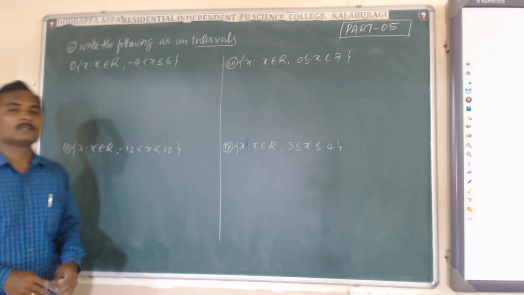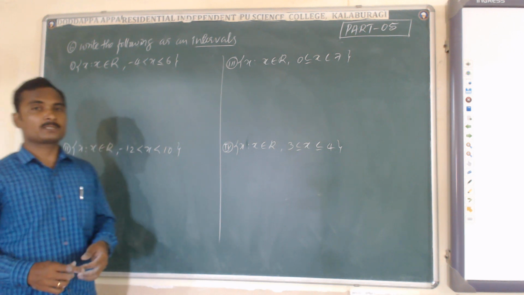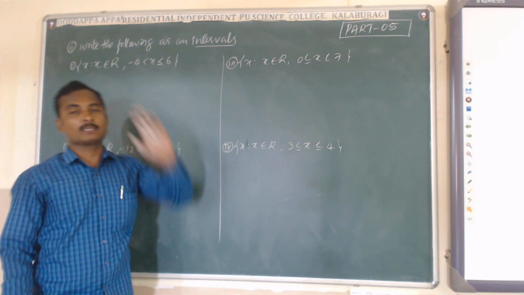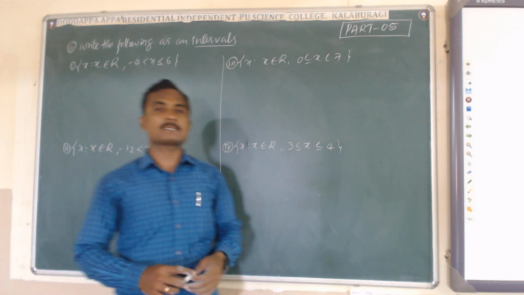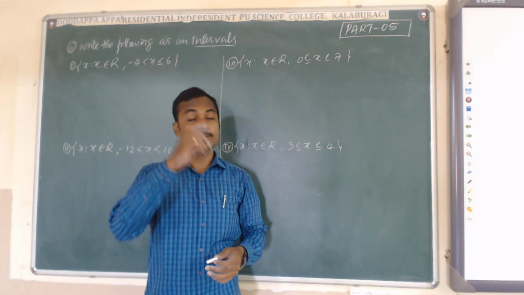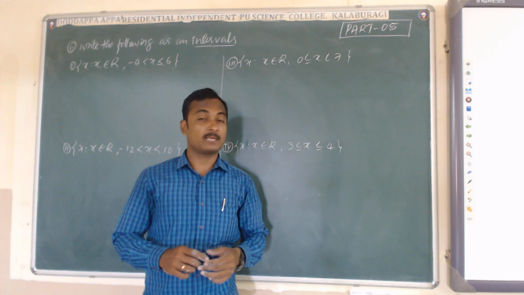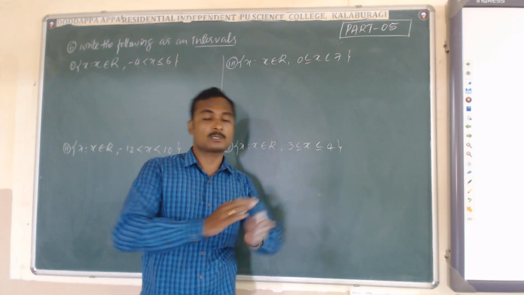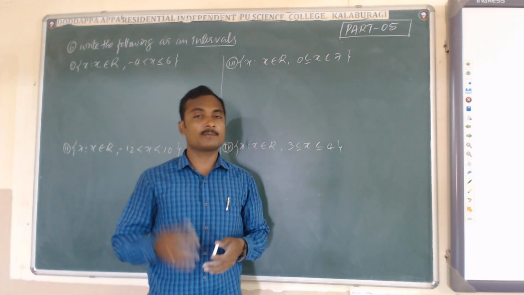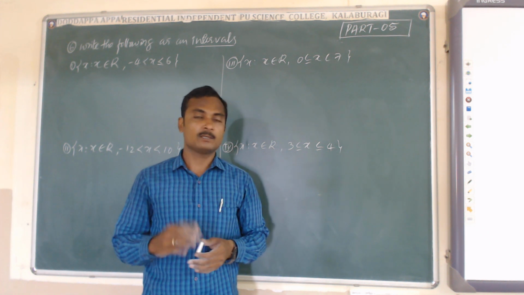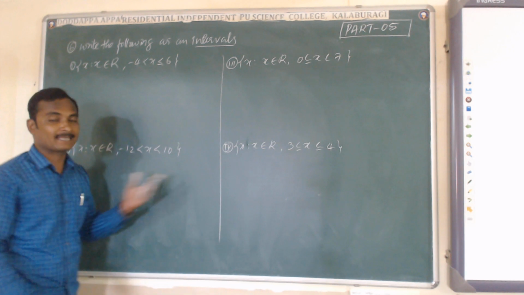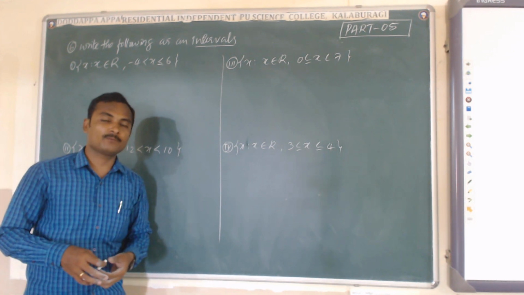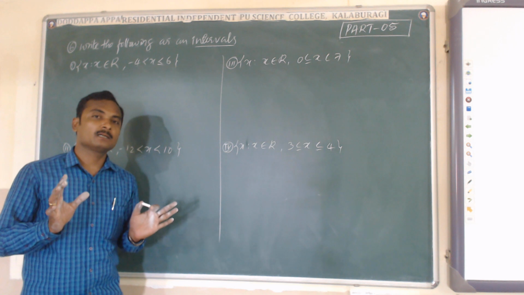Okay students, the sixth question will be, write the following as intervals. Using the definitions, we are very much capable of converting the set builder form into intervals and intervals into set builder form, right? Here four examples are given, and we are asked to write them in the interval form of the given set builder form.